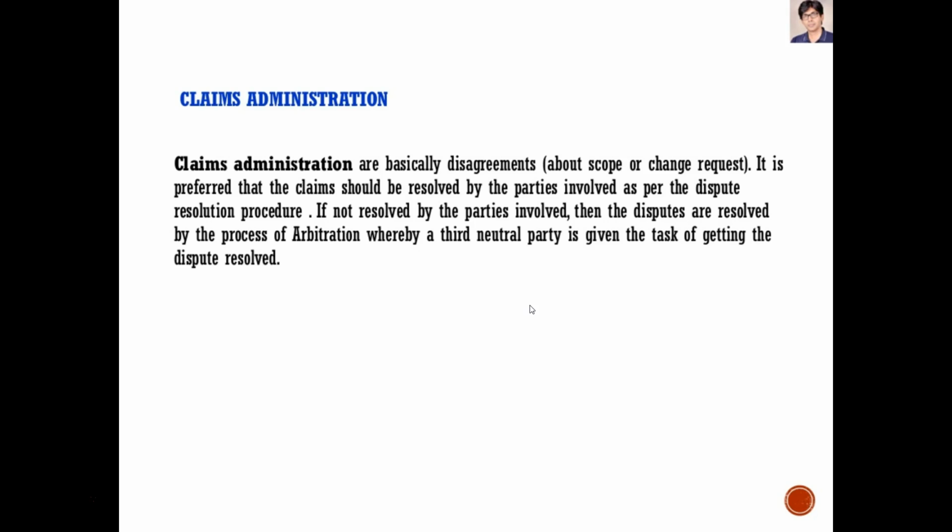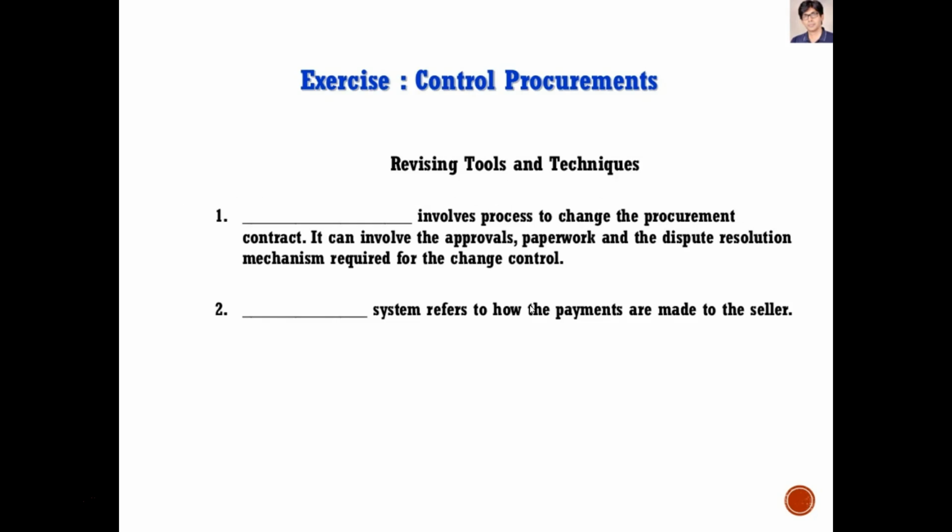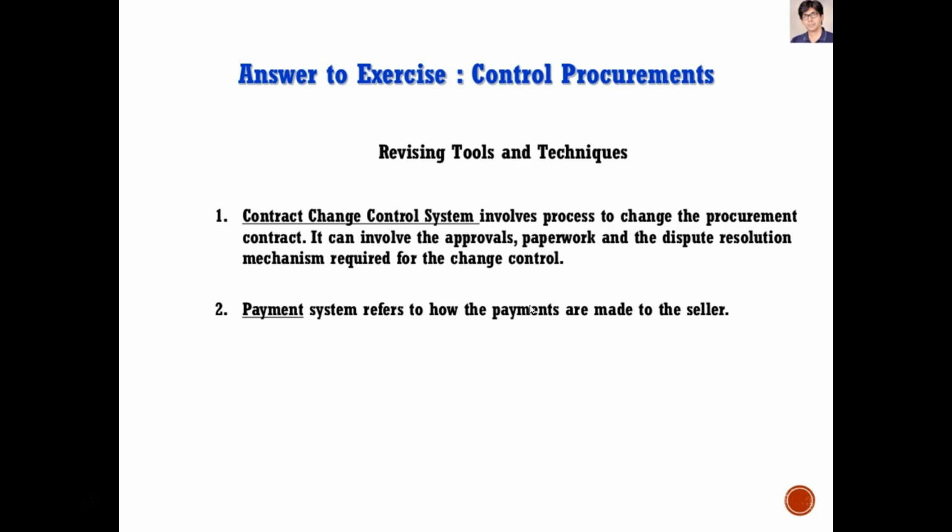A lot of times this is what we're talking about, that third-party arbitration. There are firms we can hire, and sometimes we'll specify them in the contract document: we'll hire ABC Claims Administration to do this. That way we have a hopefully neutral third party that will negotiate any of those things that we have an issue with.